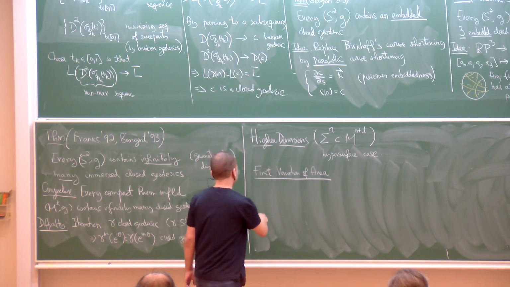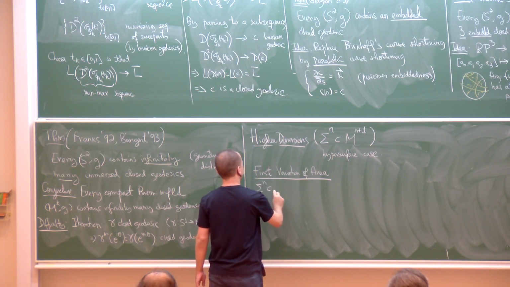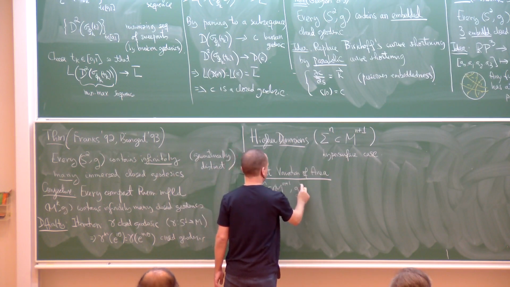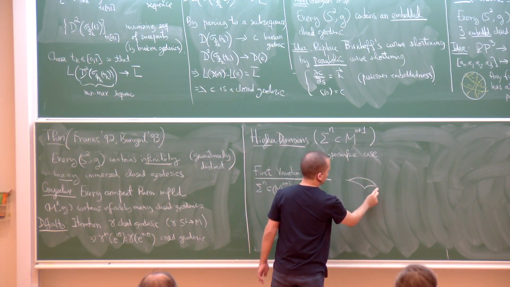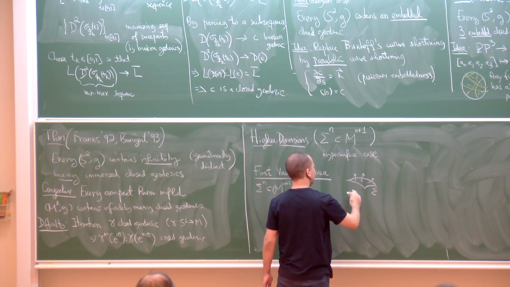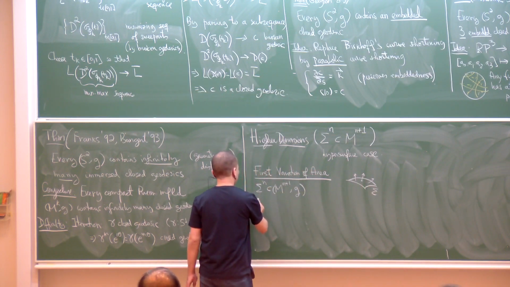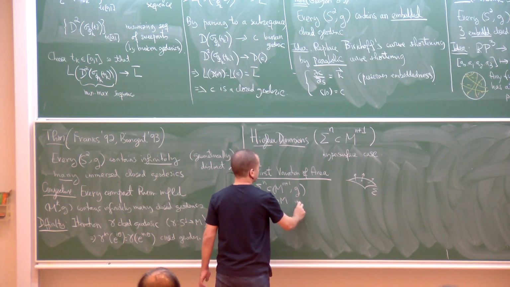So it says the following. If you give me a hypersurface sigma inside a Riemannian manifold, I can vary this sigma in some direction. So suppose I give my sigma by a map F, which is an immersion.